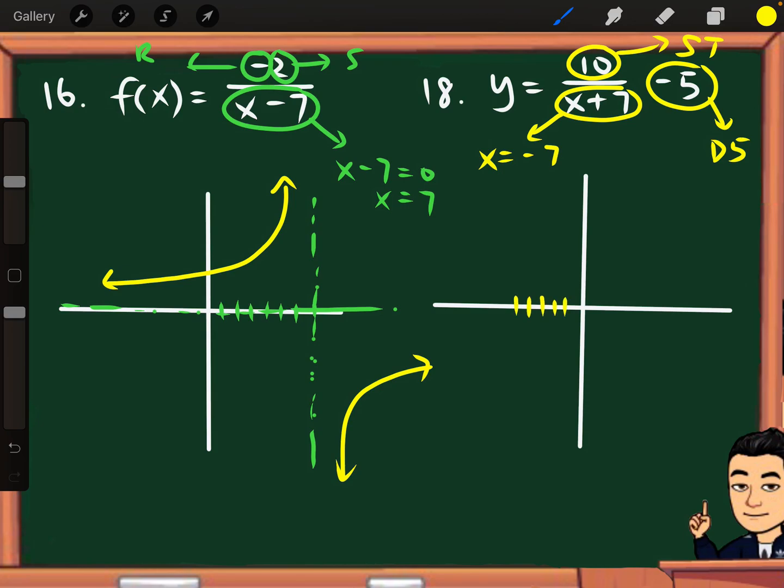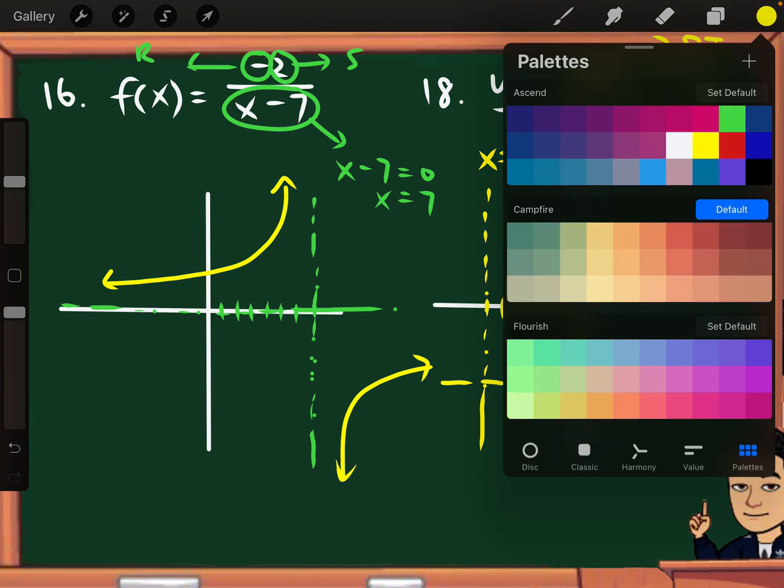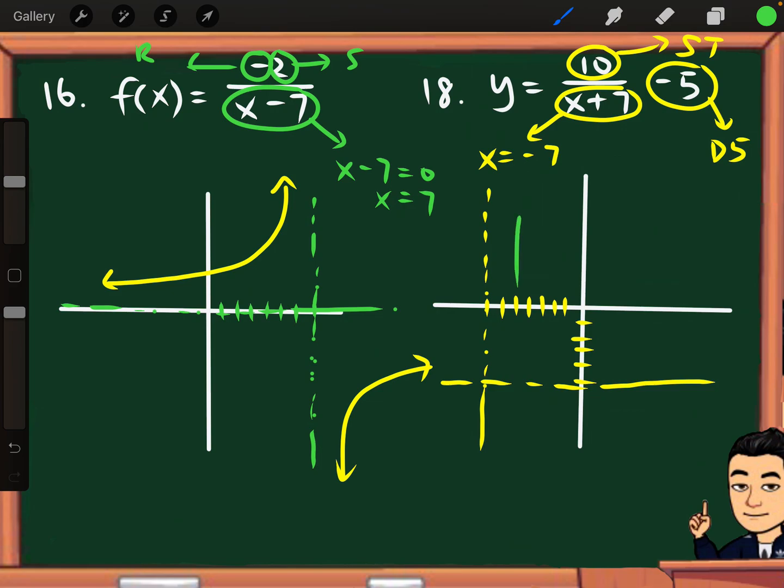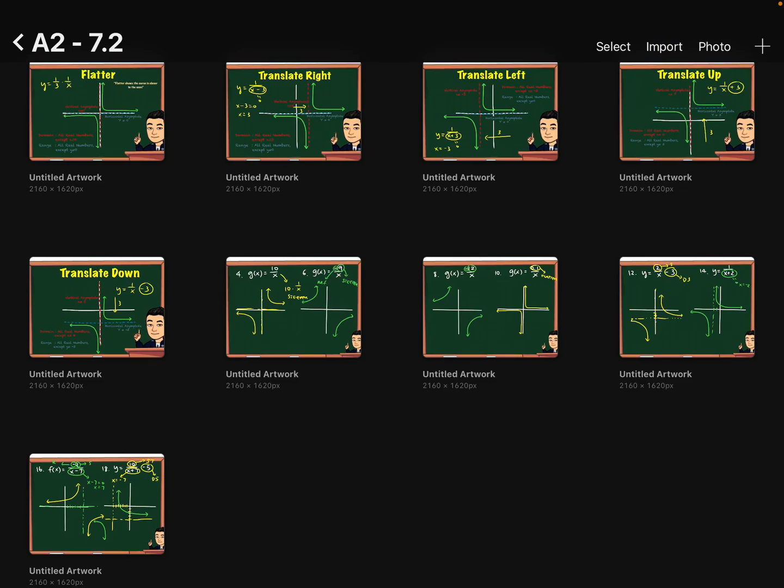We can just draw the horizontal and vertical asymptotes. 1, 2, 3, 4, 5, 6, 7, right? So here we got the vertical asymptote right here. 1, 2, 3, 4, 5. This is the horizontal asymptote, and steeper means that you have to move away from your asymptote. Okay, so that's how it looks.